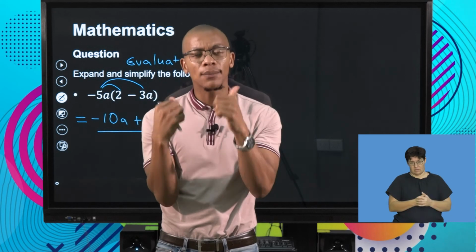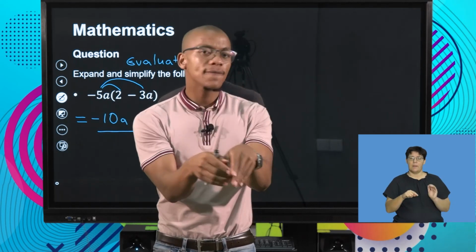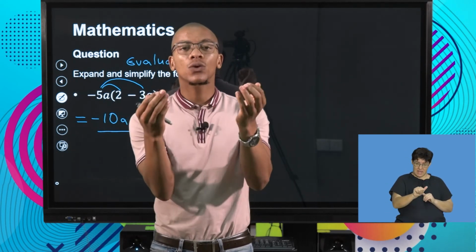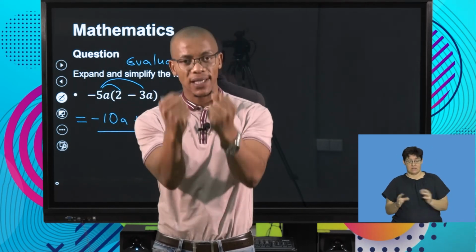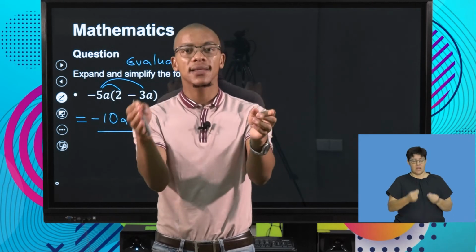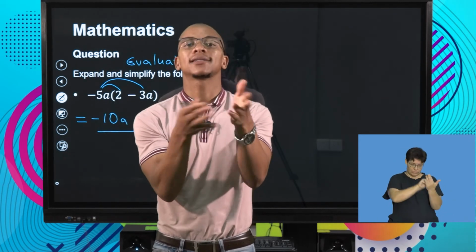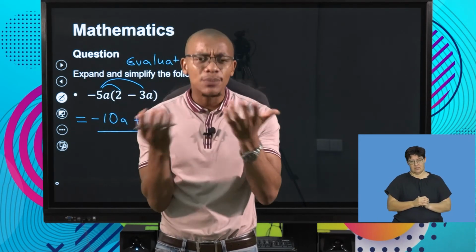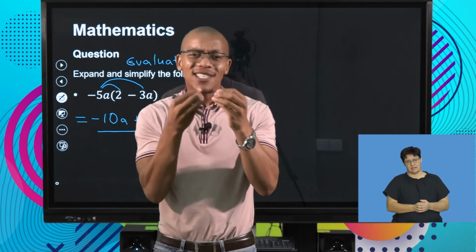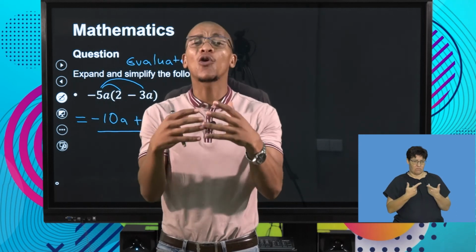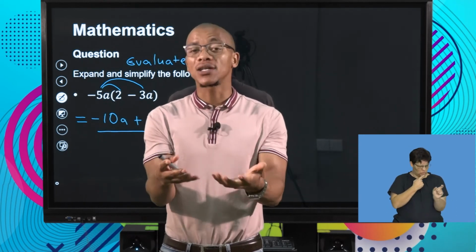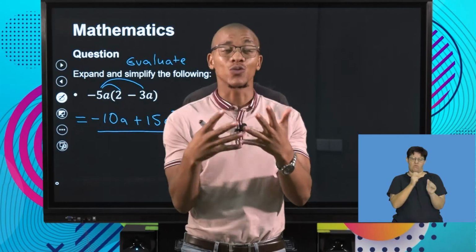So in this example, I have minus 5a minus 3a. My two coefficients are minus 5 and minus 3. You times them, you get the answer. You times the a and the a, you write it next to the answer you got initially. And that becomes your answer. So that's just one of the ways that I can say, if you are not really sure how to multiply them, make sure that you do follow that route.